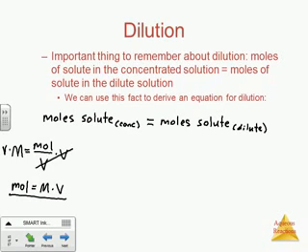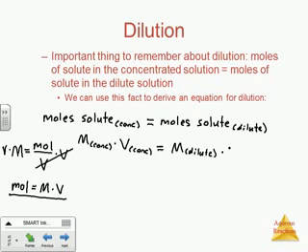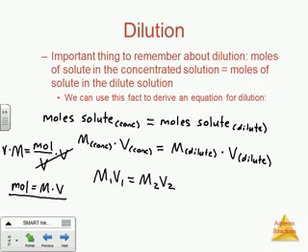So we can actually rewrite this equation that I have up here as M concentrated times V in the concentrated solution is equal to the molarity in the dilute solution times the volume in the dilute solution. Okay? This is also known as M1V1 equals M2V2. Okay? And this is actually a very useful formula when we're talking about dilutions.